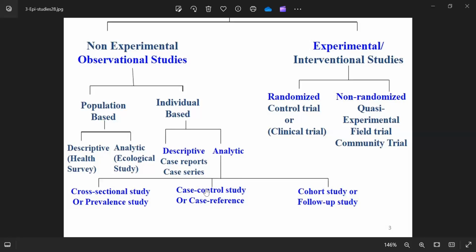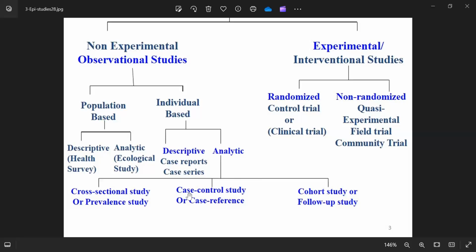Because we are trying to establish a relationship: if tobacco causes oral cancer, that is why we use this study design, case control. We want to establish if there's a relationship between case and control. Under case and control, you're not manipulating, you're only going to observe.